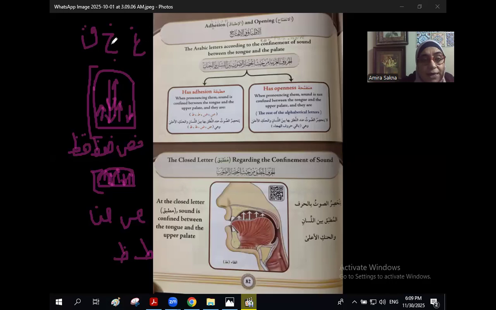So the rest, ghayn, kha and qaf, the sound is directed to the dome of the palate, but it's not confined like here between the tongue and the upper palate. That's why, as I explained to you, it's physics. The echo here will be much more than the echo here. So the tafkhim here will be much more than the tafkhim with those 3 letters. Fine?